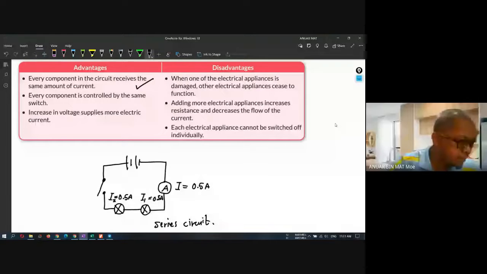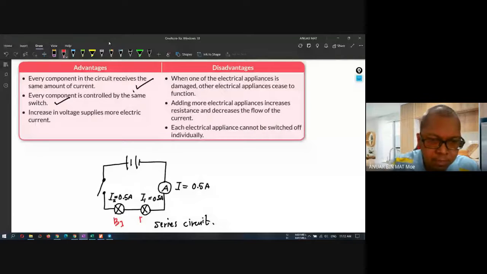All right, very good. So number two, every component is controlled by the same switch. If you look at my drawing of the series circuit over here, the first device I call bulb number one, and this is bulb number two. Both components can be controlled by one switch.